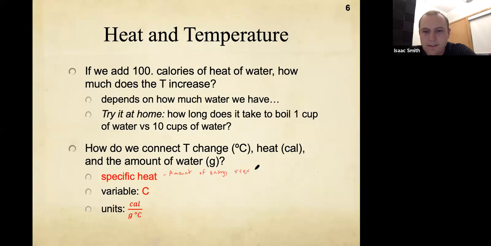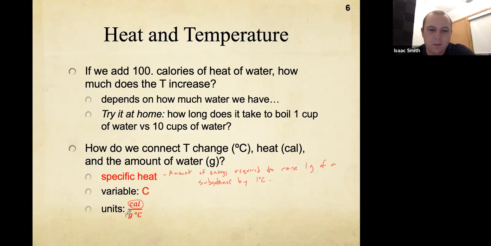And again, this is the amount of energy required to raise 1 gram of a substance by 1 degree Celsius, and that's represented in these units. The amount of energy, a calorie, required to raise 1 gram.